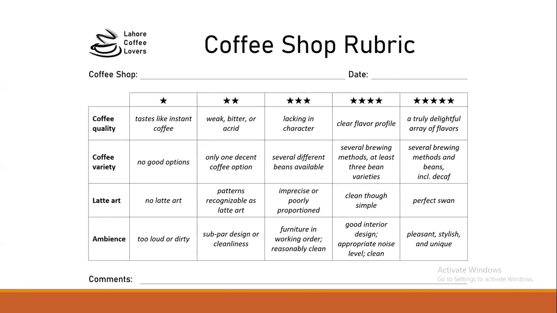We could look at the ambiance of the coffee shop, and we could use each of these criteria and then define different levels of success and satisfaction. And it might be a coffee shop that's really good at one thing, not so good at others. And if we were grading and assessing our coffee shops here in Lahore, we could use that as a guide.